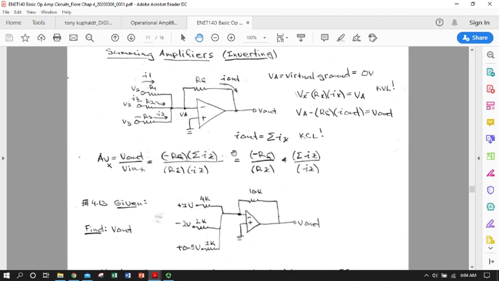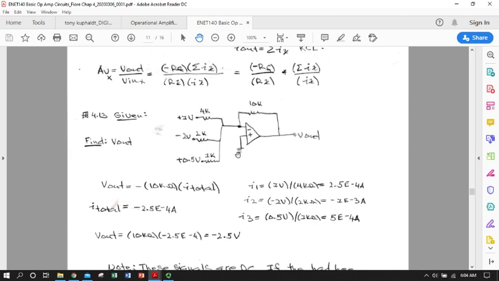And so we can express gain on any branch as the ratio of negative RF over RX, which is exactly like what we saw with the one input inverting voltage amplifier, times the ratio of the currents.